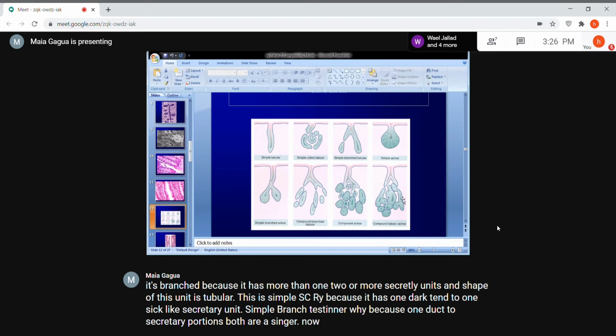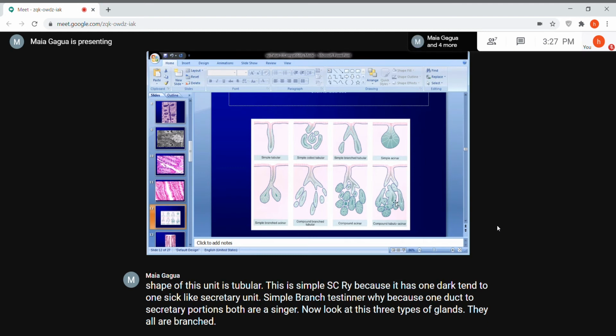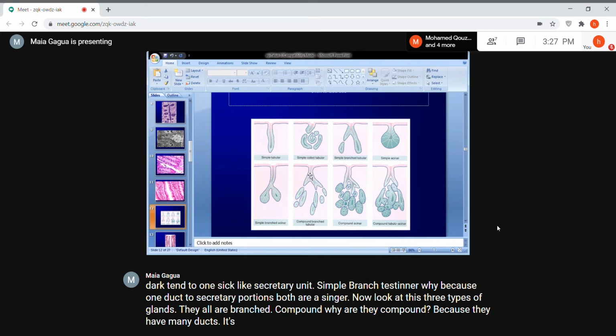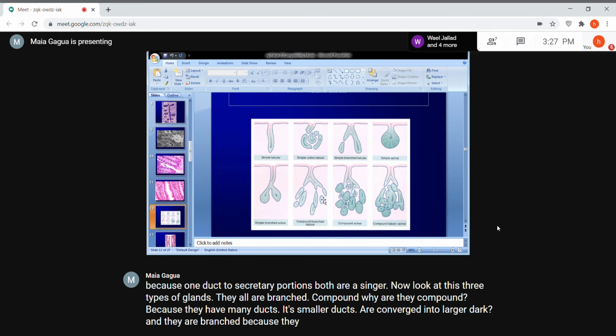Now look at these three types of glands. They all are branched, compound. Why are they compound? Because they have many ducts. Smaller ducts converge into larger ducts. And they are branched because they also have many secretory units.